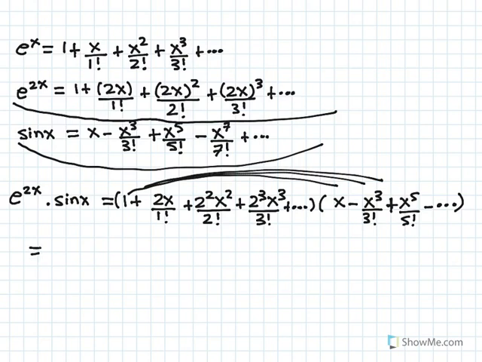So we're going to get 1 times x is x minus x cubed divided by 3 factorial plus x to the power of 5 divided by 5 factorial.